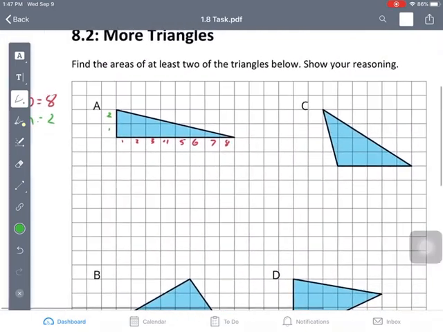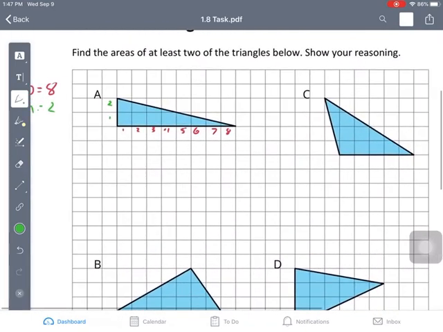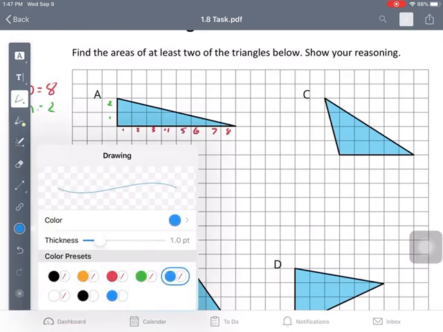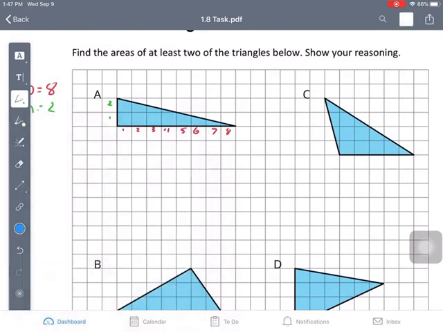So I'm going to plug that into my formula. Area equals base times height divided by 2. My base is 8.